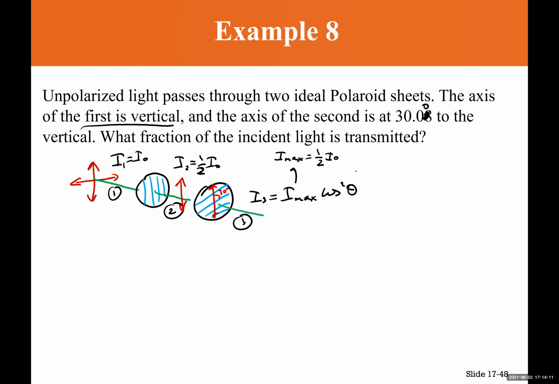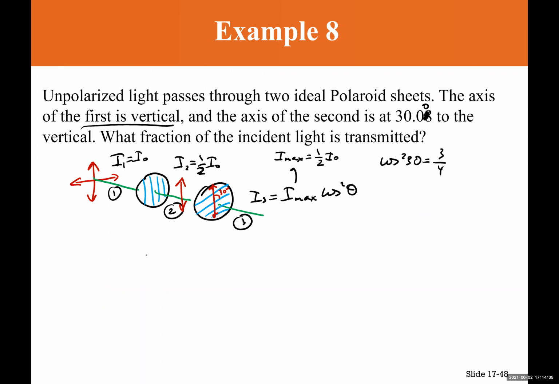Then cosine squared theta, because now I have 30 degrees, so cosine squared of 30 degrees gives 3/4.